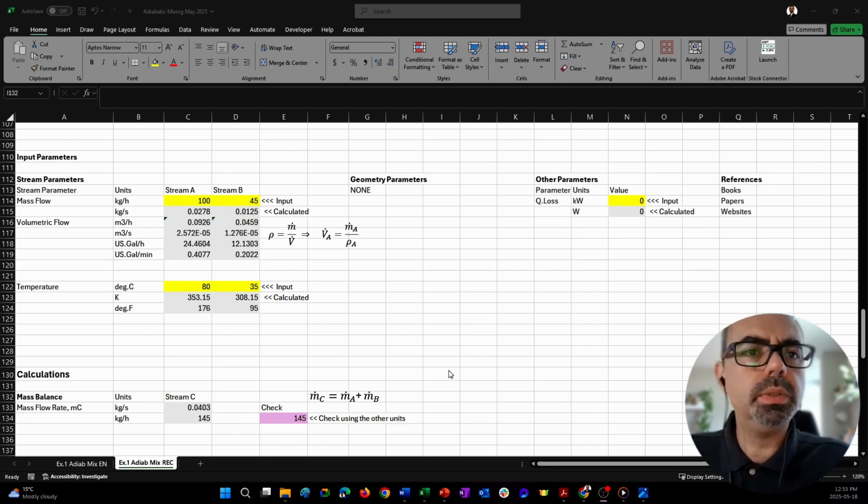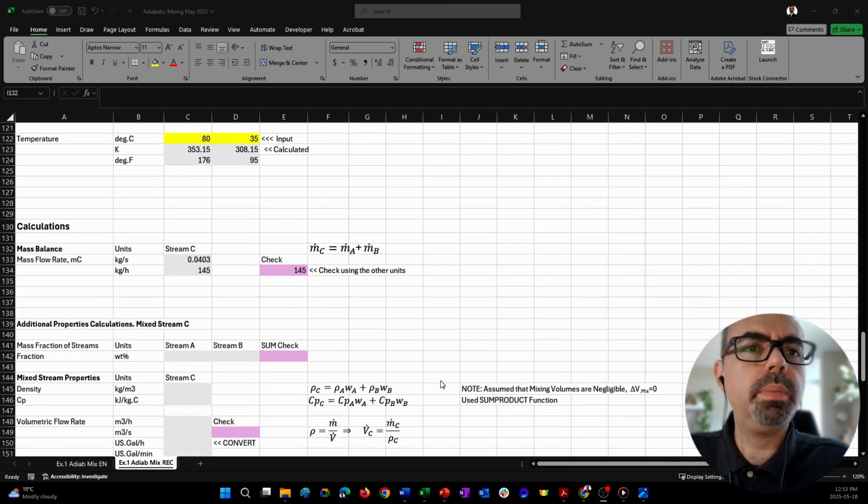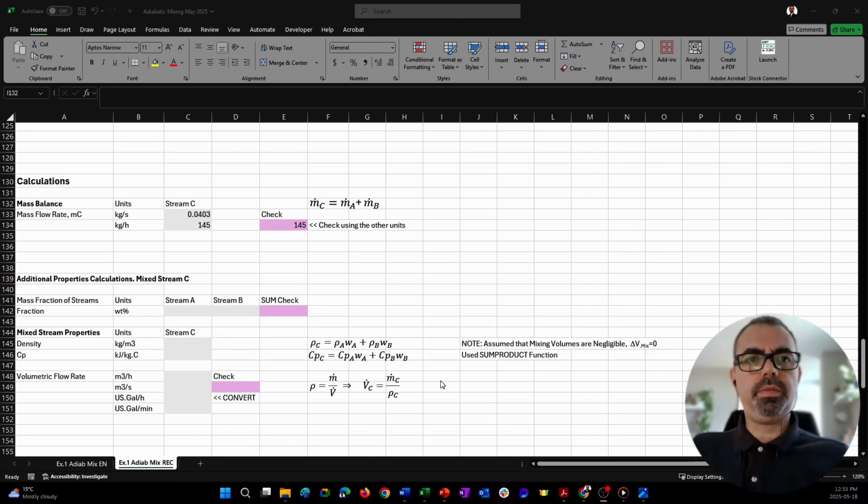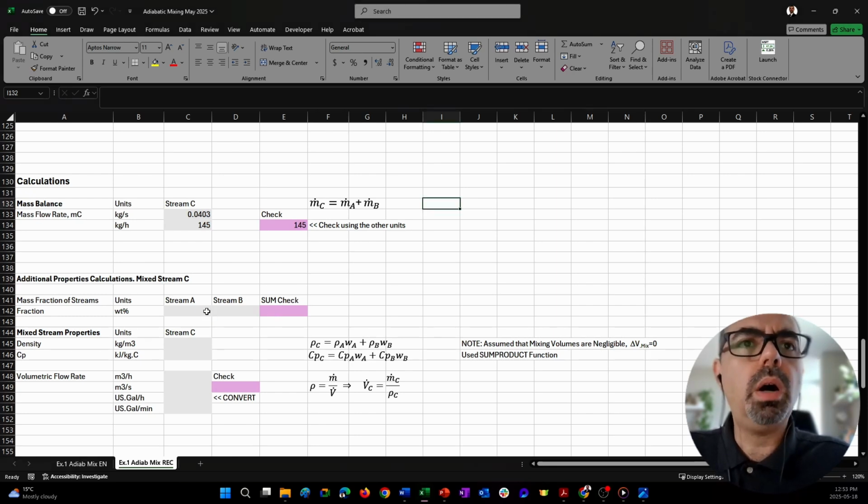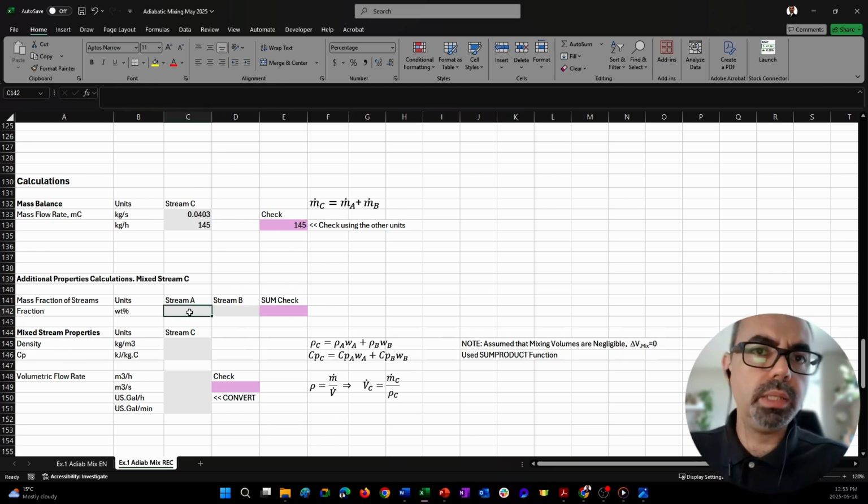Now moving down to the fluid properties of the mixture stream. I already prepared the frame of how we're going to work. The first thing we need to calculate is the weight or mass fractions of each of the streams. Now we have the total flow rate. The definition of the weight fraction is the mass of one component or one stream over the total mass.